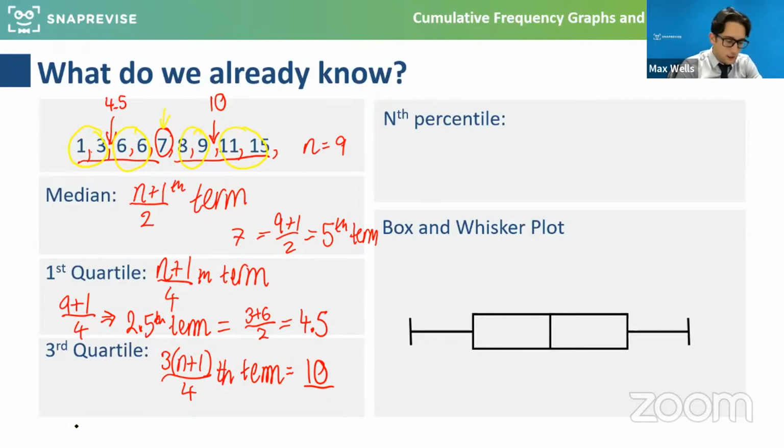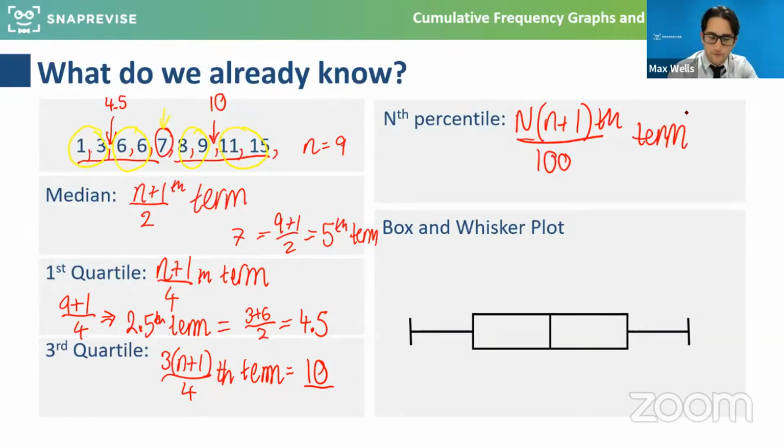Brilliant. Right. So in terms of percentiles, which is where we're going today, it's a very similar idea, except that it's out of 100. So we do the same sort of thing. If we wanted the 10th percentile, we want 10% through the list. So n plus 1 would be 9 plus 1, times 10 over 100. 10 times 10 is 100 over 100, so that is 1.